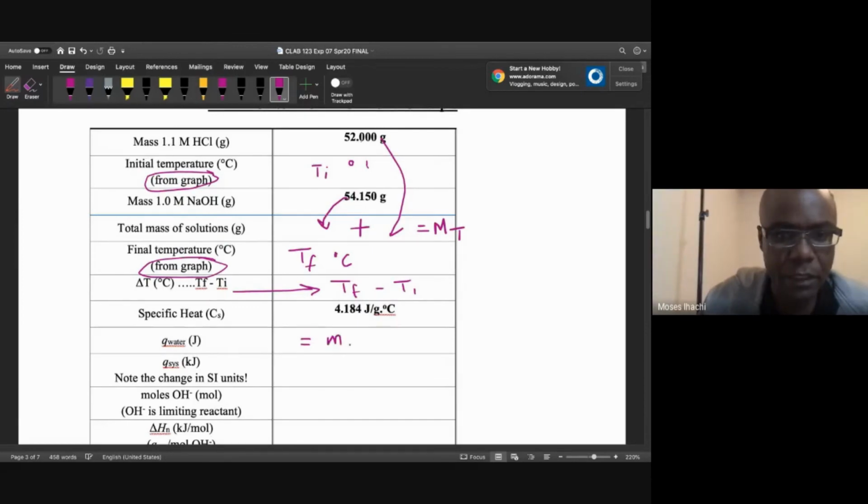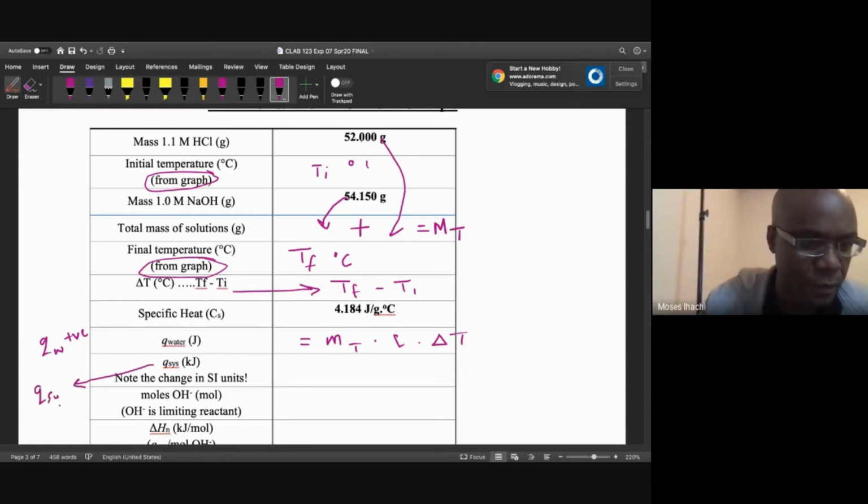Here you'll need the m times specific heat capacity times delta T. Because delta T is positive, again, Q of the water will be positive, which means Q of the system will be negative Q of the water.